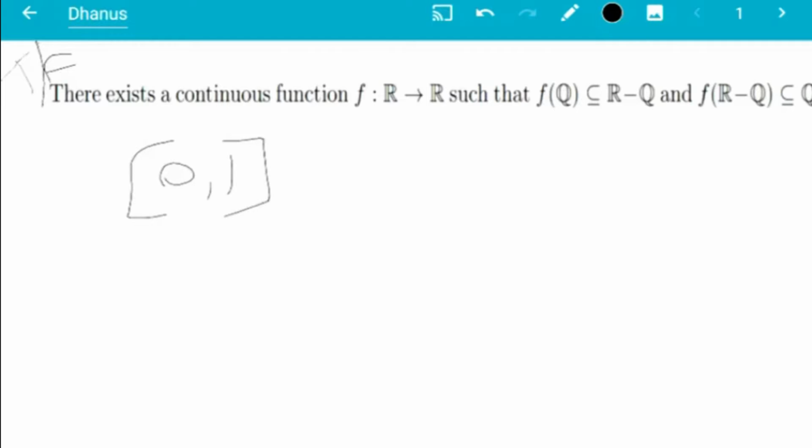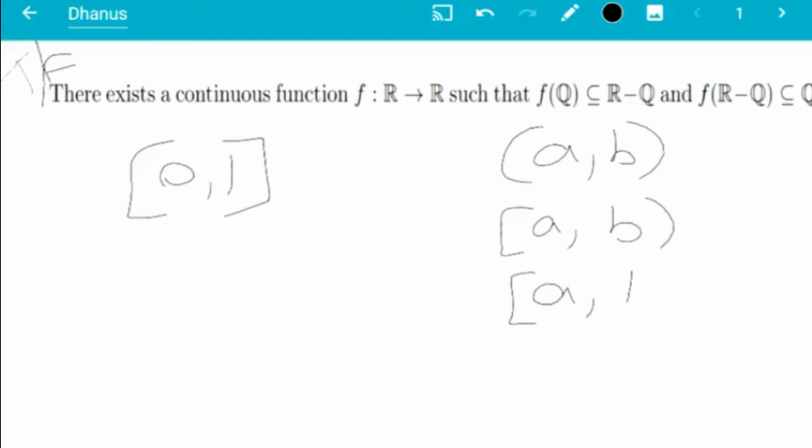In the real line, a connected set will be an interval of the form (a, b) or any one of these forms.